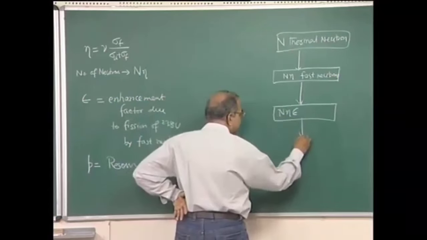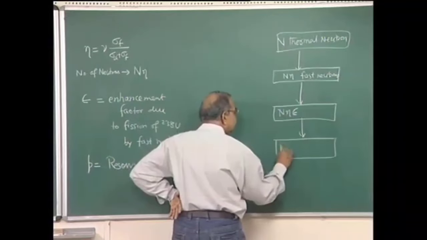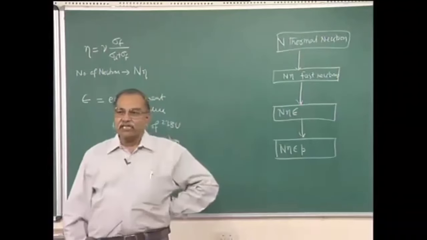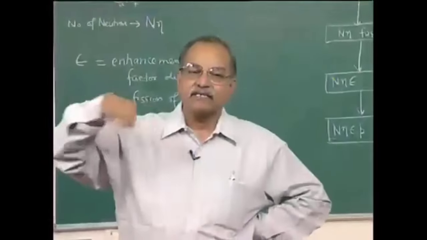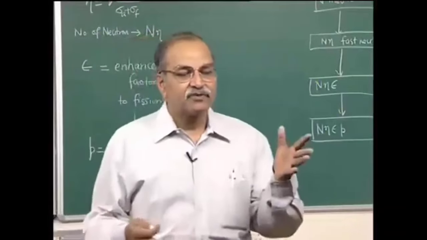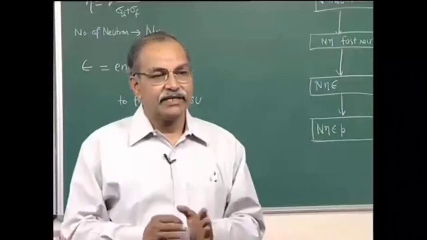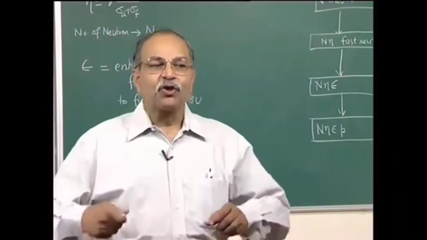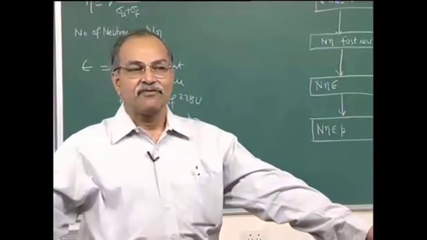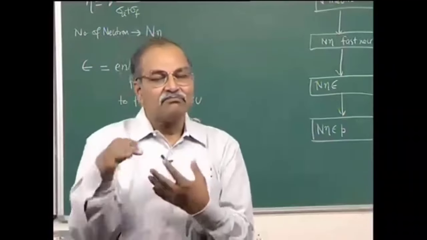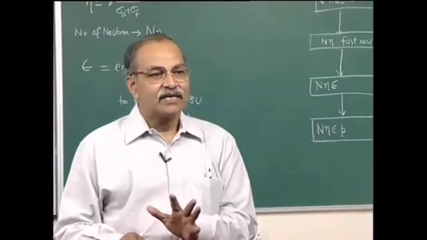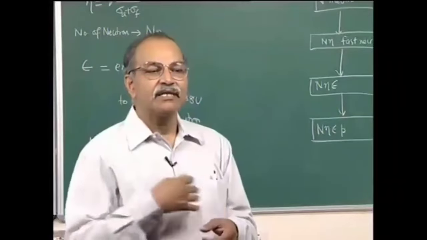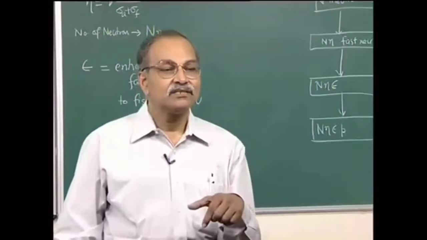So, now you have N, eta, epsilon and p. So, these many have survived the uranium-238 non-fission absorption in the 1 to 100 electron volt energy range, and they are thermalized. But even if they are all thermalized, not all of them will be able to get into the fuel rods, because after all there are some small cross sections where the moderator material or the other surrounding material can absorb this neutron.